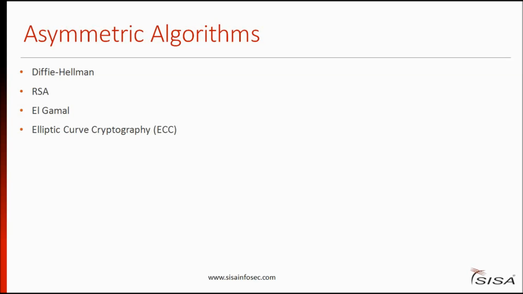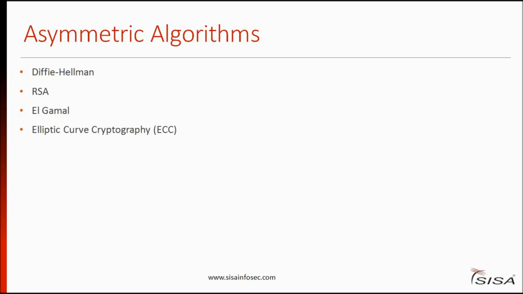Now, coming to asymmetric encryption, we have Diffie-Hellman, which was the first widely known public key cryptographic algorithm. It basically computes based on discrete logarithms over a finite field. Then we have RSA, which stands for the inventors Rivest, Shamir, and Adleman. It relies on the difficulty of finding the prime factorization of large numbers.